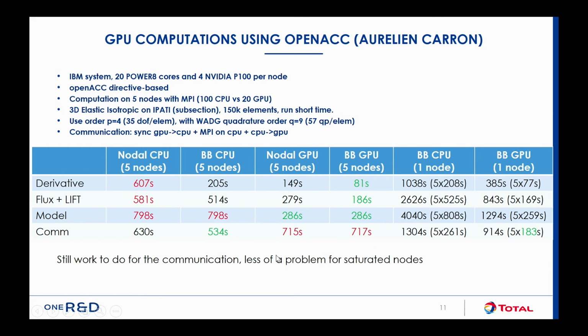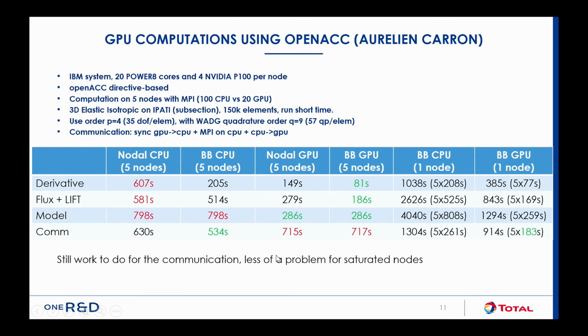So I have a computation with 5 nodes on our IBM system, Power 8. And with NVIDIA P100, we have 4 GPUs per node. You can see it's still 3D elastic, but I have taken a little bit smaller problem, so it goes a little bit faster.